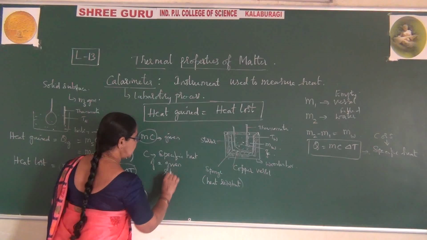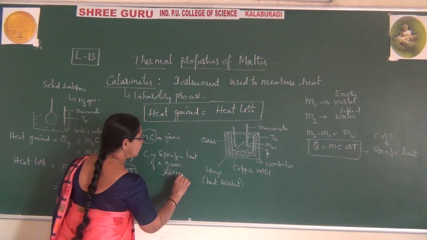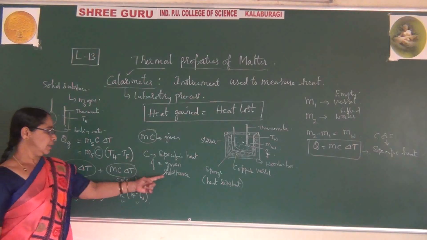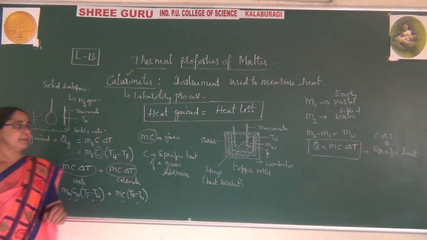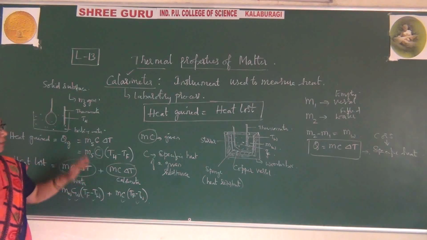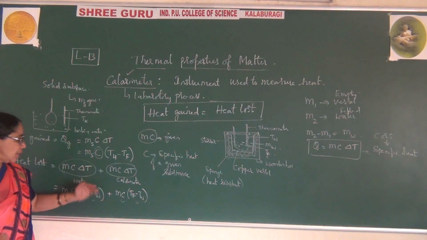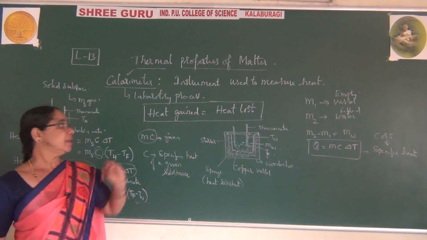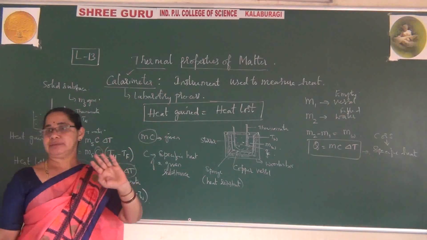We have to calculate that with the help of this calorimeter, using this mathematical equation. This is how we do the experiment in the laboratory. At the same time, this is the method to follow to solve calorimetric problems.